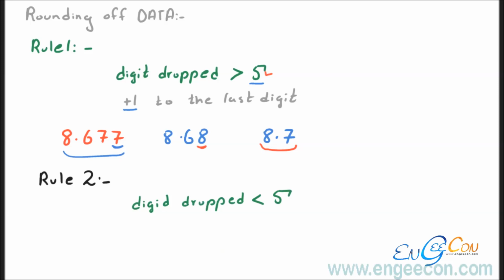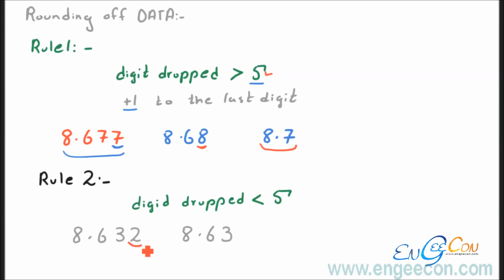For example, if we have 8.632, and we need only 3 significant figures, then it can be rounded off as 8.63.